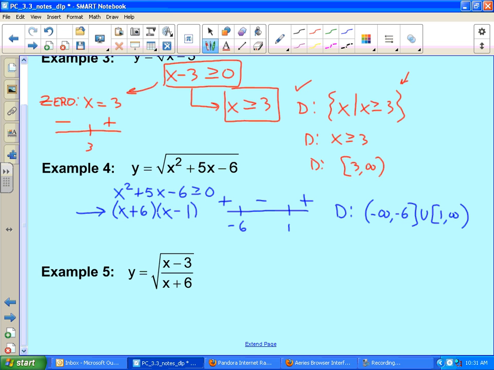So Sam, you were looking at the negative values, but remember, greater than means positive, not negative. Every time you have two sets like that, you have to union them. Questions there on that one?